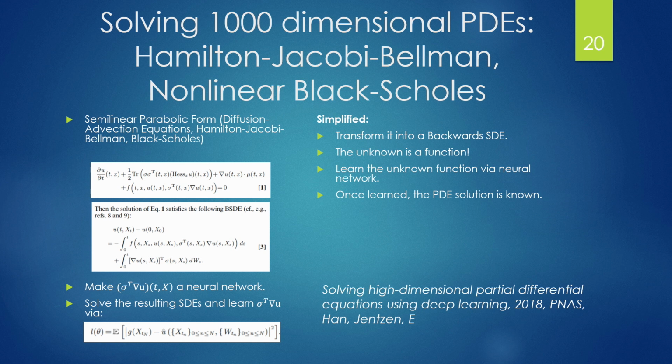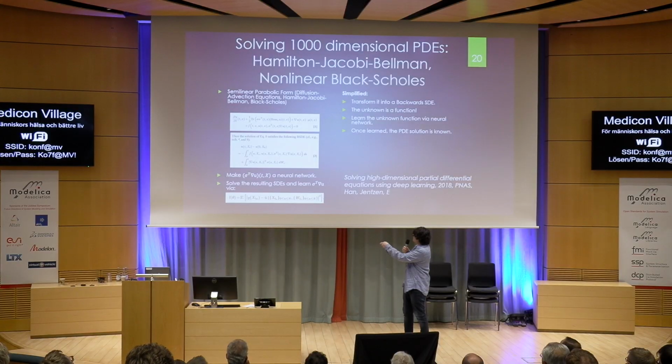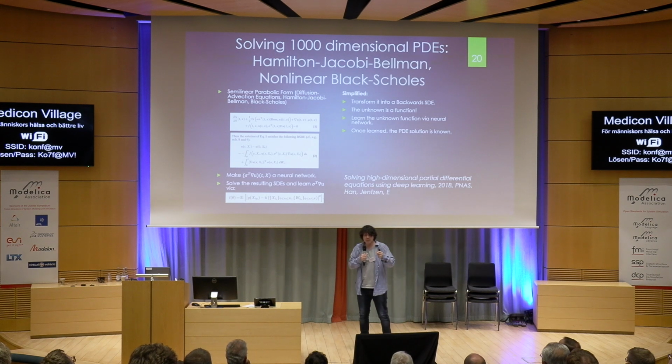So what do you do in this case? Well, you say, let that unknown function be the neural network. You parameterize that neural network. And now what you get out of this is a stochastic differential equation with a neural network embedded in it, and you will know it's the correct one when it satisfies the conditions of the backwards SDE, which is then just your loss function.